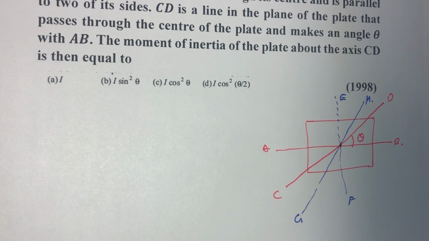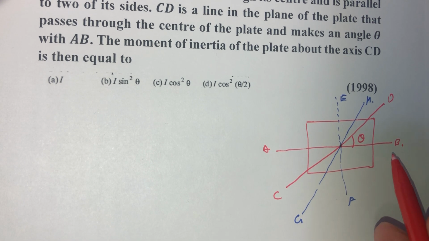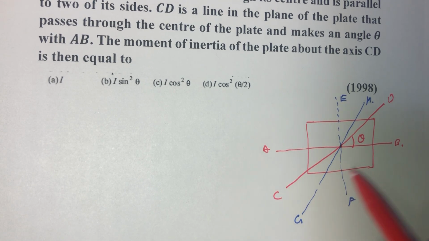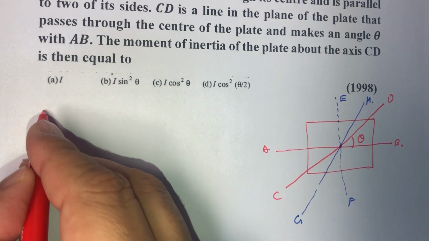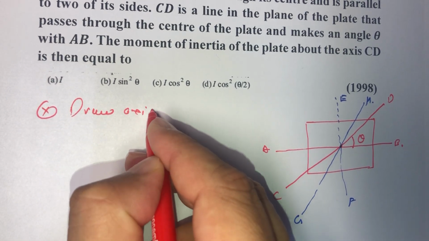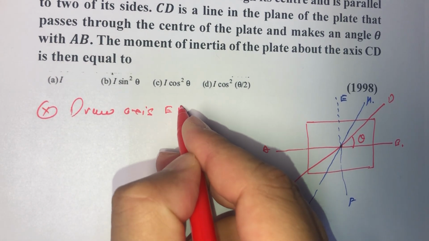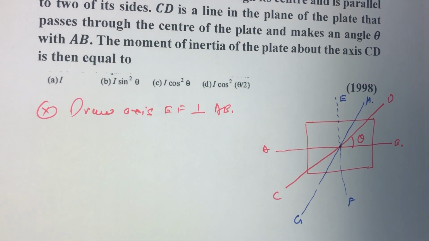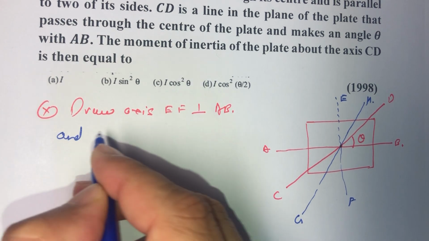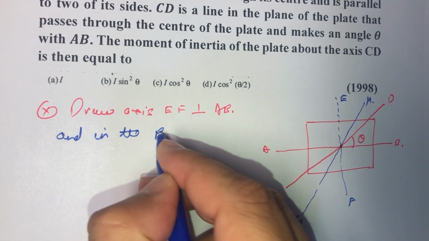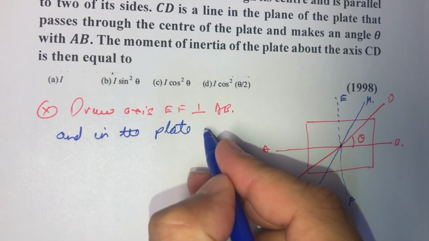So we are given an axis AB, and we draw another axis EF, which is perpendicular to AB and in the plane of the plate.